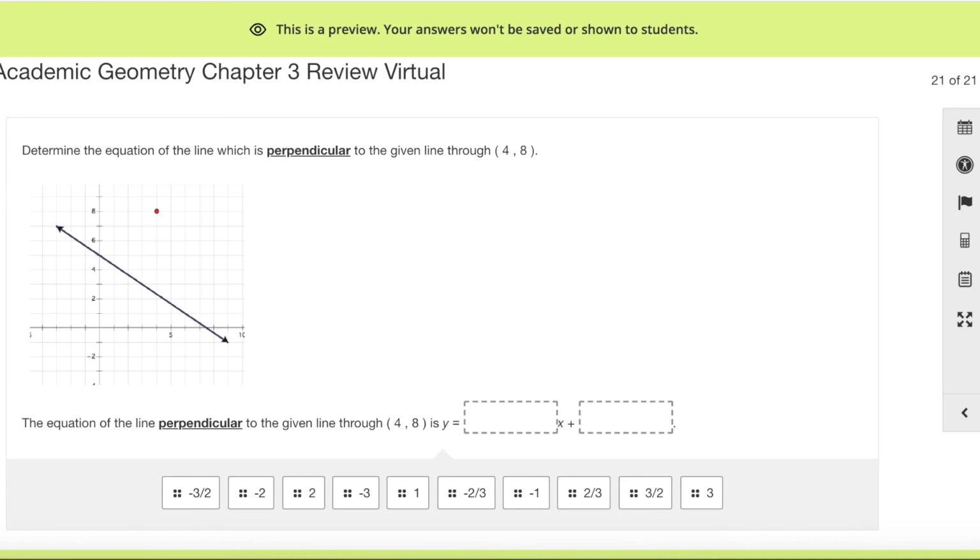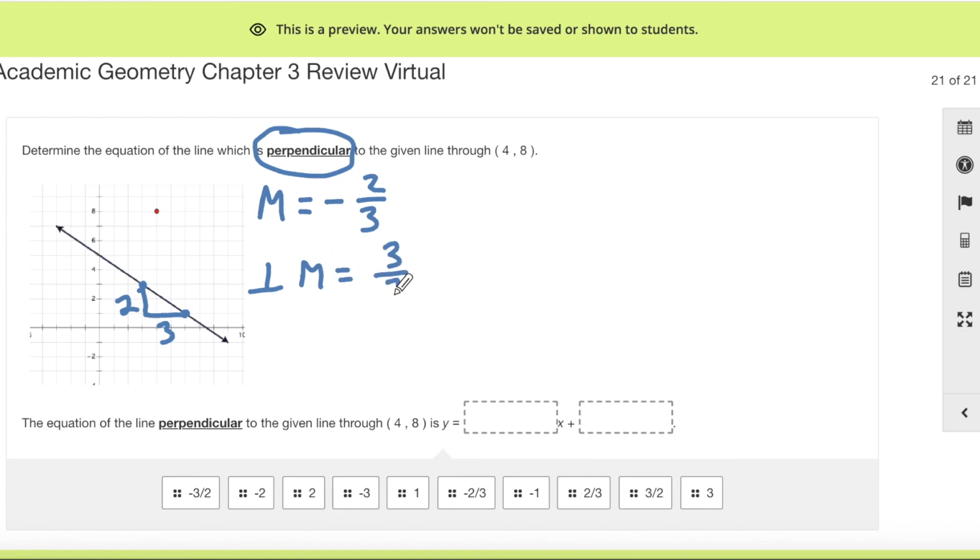All right, we have to find the slope. So first thing is that this slope is going to be a negative, okay? And it looks like there's one intersection, there's another. Okay, so that's down 2 over 3, so -2/3. This is perpendicular. So my perpendicular slope is going to be the negative reciprocal. Turn that fraction upside down.